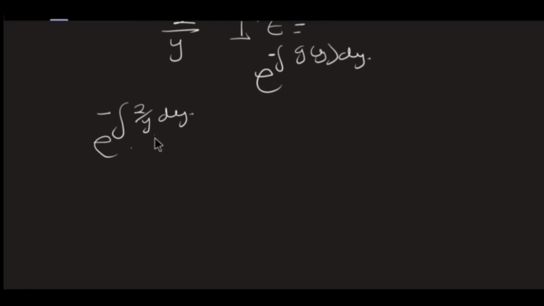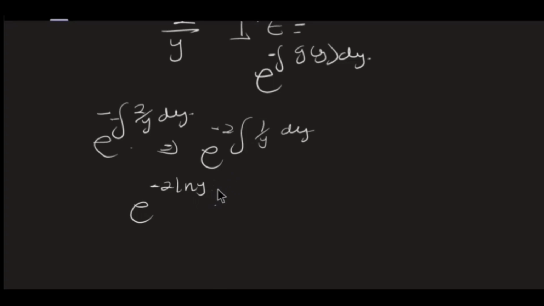With this expression here, I'm going to integrate this. Negative 2 is a constant, so negative 2 will come out, integral of 1 over y dy. The integral of 1 over y is ln y, so I'm going to get e to the power negative 2 ln y here.